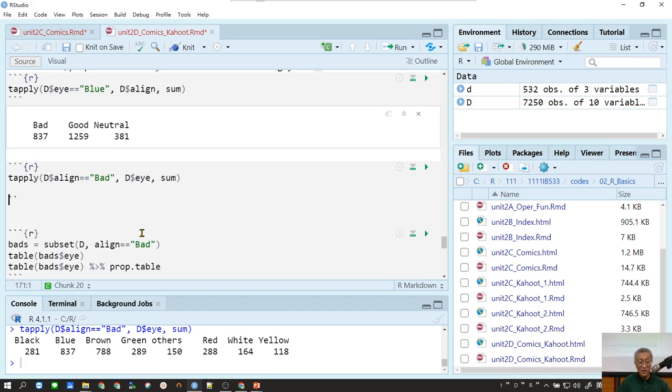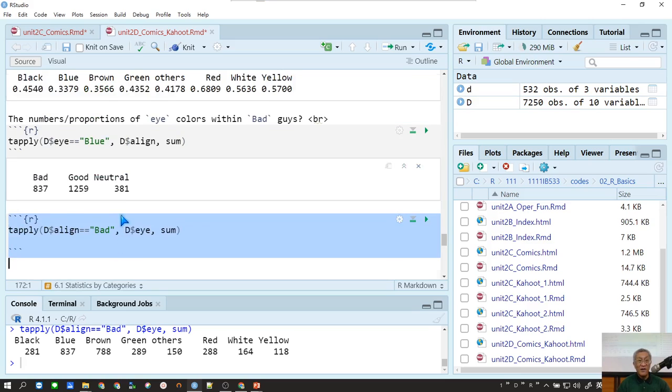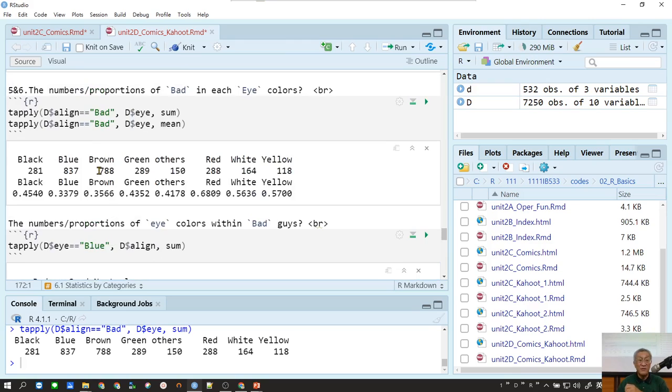Professor, sorry, are we talking about the question, the numbers and proportions of eye colors within bad guys? Yes, I'm doing this. But this one is kind of like this one.